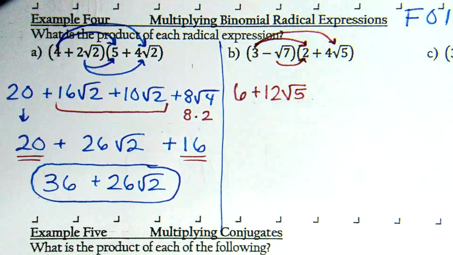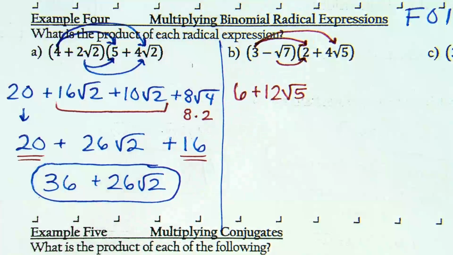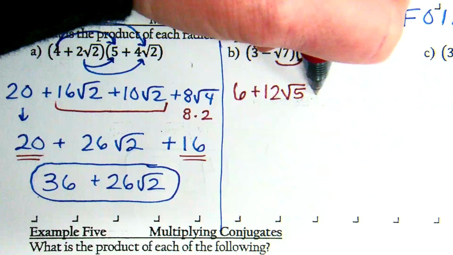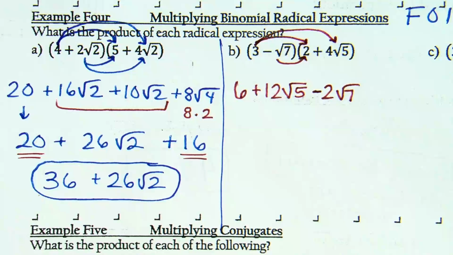Now it's insides. Negative square root of 7 times 2. A negative times a positive is a negative. We have a whole number of 2 and a square root of 7. So minus 2 square root of 7. And last, negative square root of 7 times 4 square root of 5.